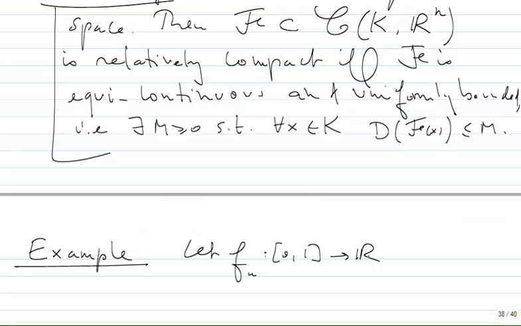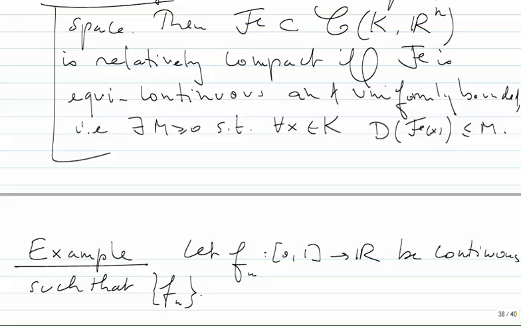So we have a sequence of continuous functions such that the sequence F_n are uniformly bounded on [0, 1].